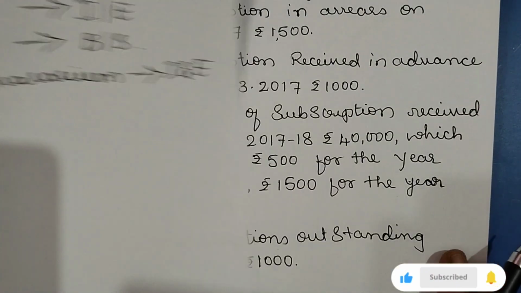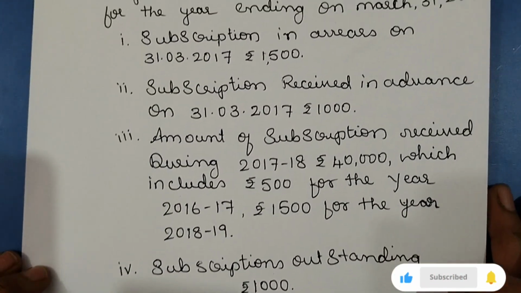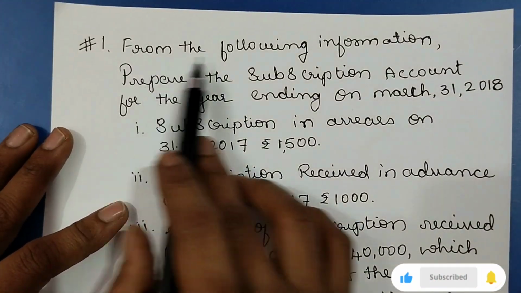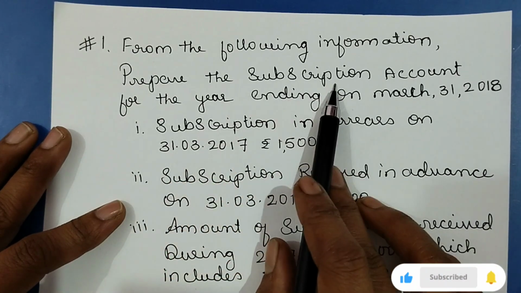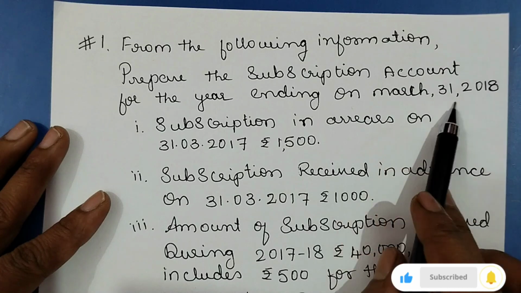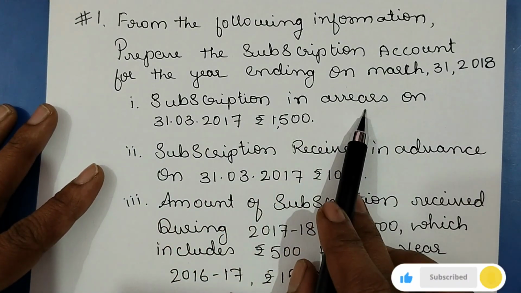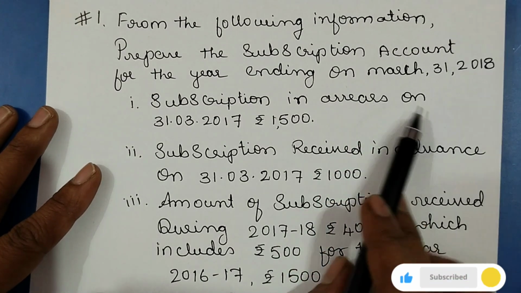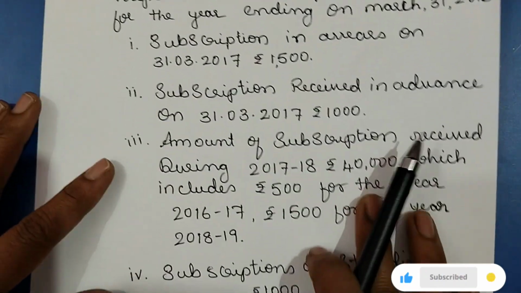Now let us understand by solving a simple problem for the subscription. Now, the question is, from the following information, prepare the subscription account for the year ending on March 31st, 2018. Subscription in arrears. Arrears means it's outstanding, not yet received. On 31st March 2017, 1500.